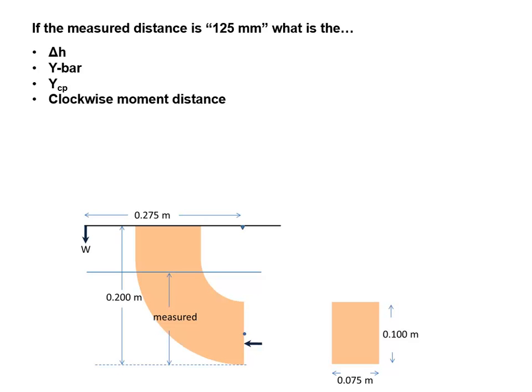And so it is 0.075 meters times 0.10 meters cubed divided by 12. So the area moment of inertia is 6.25 times 10 to the minus 6 meters to the fourth. The units here are meters to the fourth.